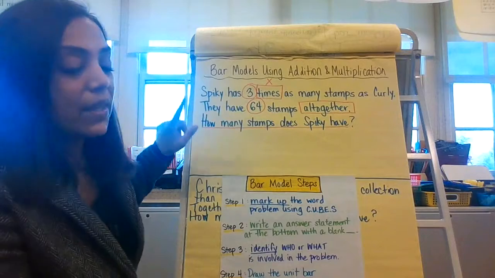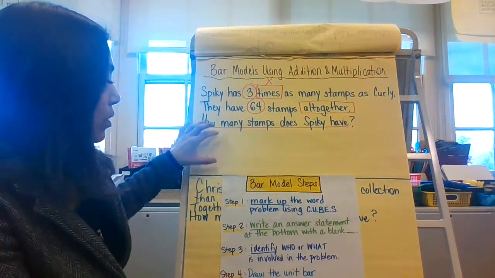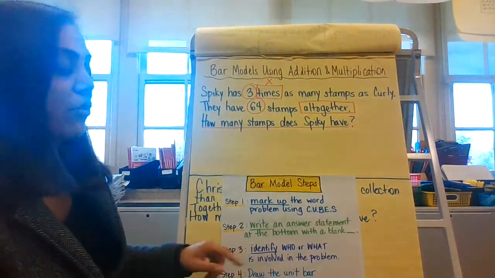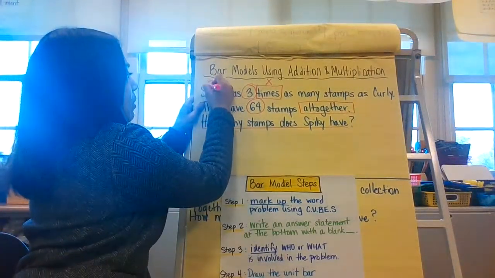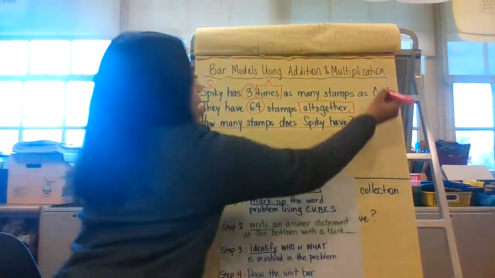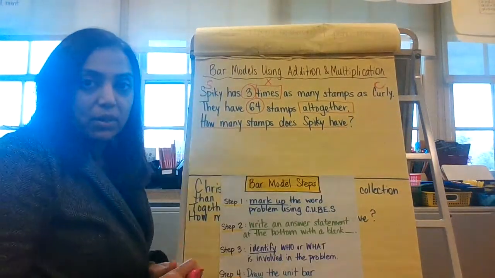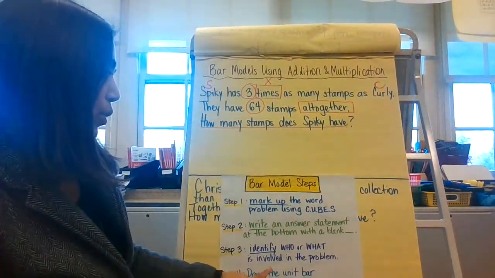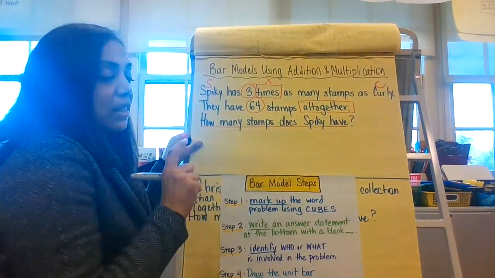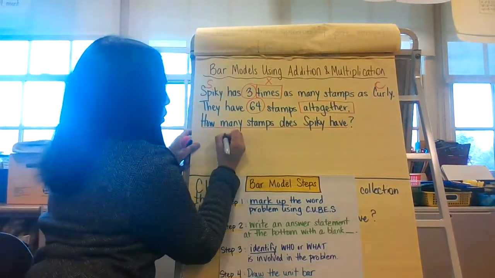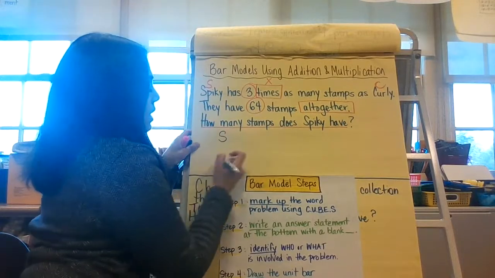Okay, the next thing that we need to do is we need to make sure we identify who or what is in the problem. In this case, we have S for Spiky. I'm going to put S for Spiky and C for Curly, so I don't forget. Okay, and then what I need to do is draw the unit bars and adjust after rereading. So I need to identify who's in the problem as Spiky and Curly.